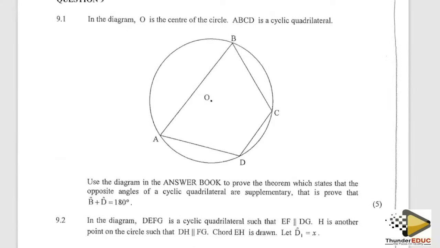Then question number 9. In the diagram, O is the center of the circle, ABCD is a cyclic quadrilateral. Let's remember the properties of the cyclic quadrilateral. This is our center. Can we use the answer book to prove this theorem that the opposite angles B and D are supplementary?